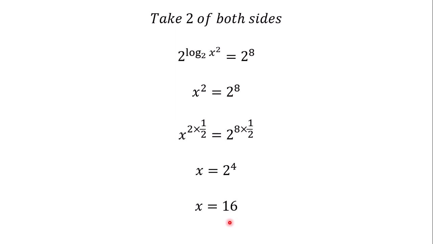Before you do that, make sure you change the base of log 60, which is the square root of 2. Now when you plug in this 16, you could see that both left and right hand side will be equal. So the value of x from the equation is 16.